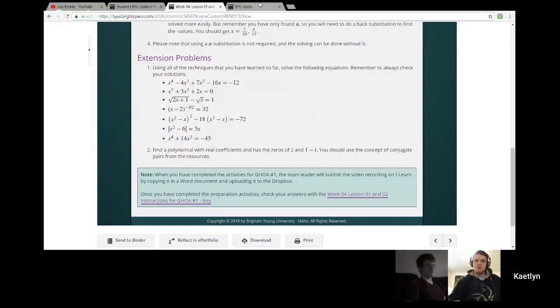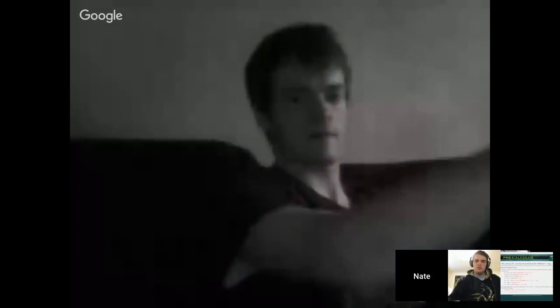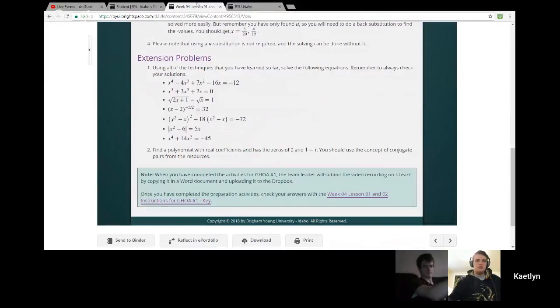So for that one, you could combine the like terms, couldn't you? What I did for that one is basically I squared. I still don't have the square root. Yeah, this one isn't going to be so much this time.